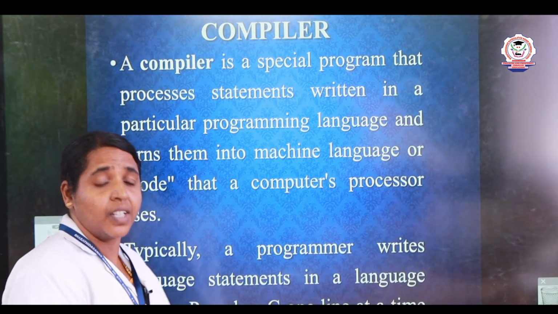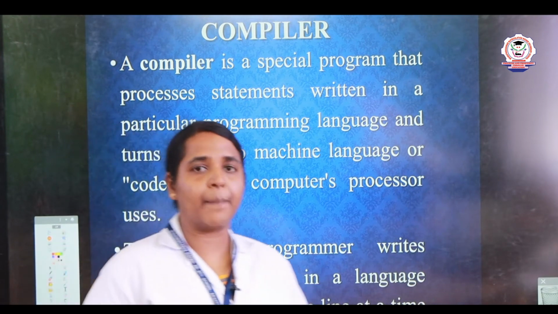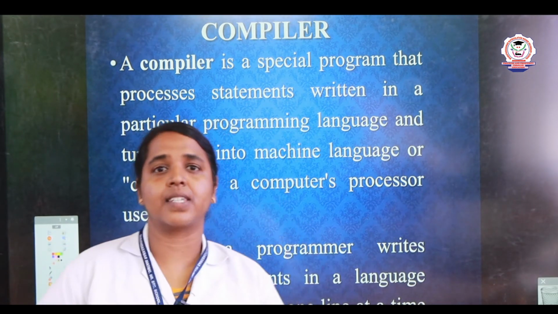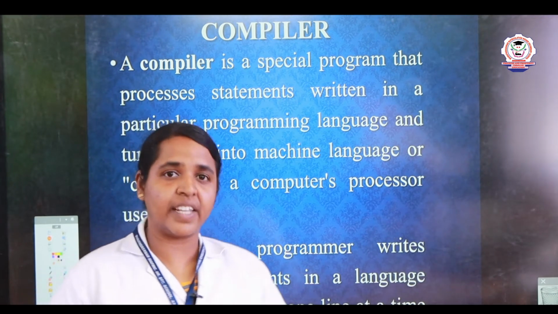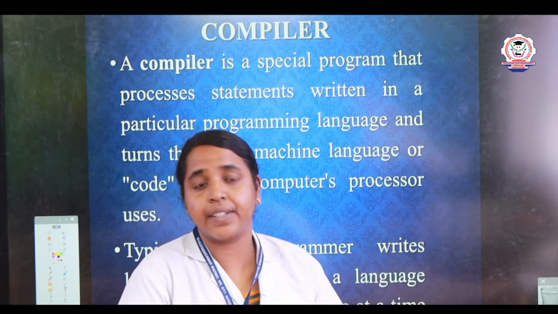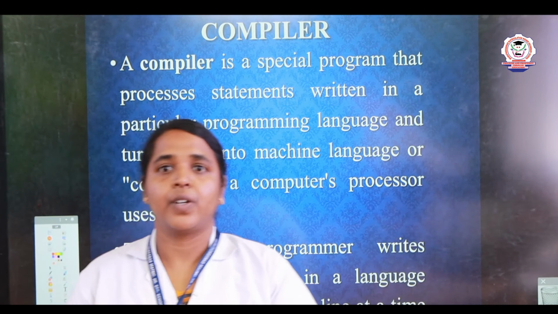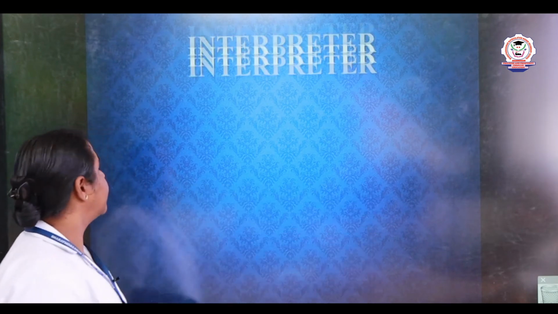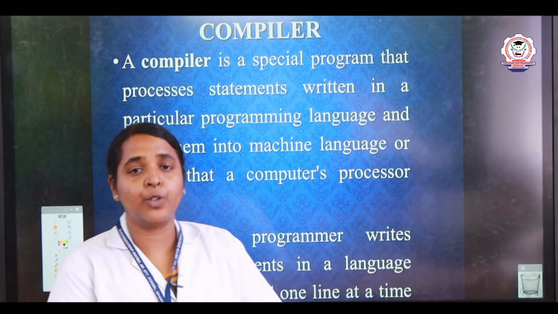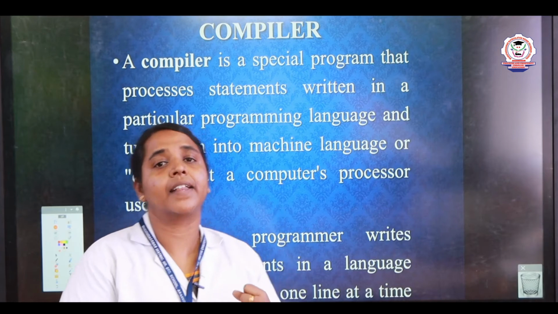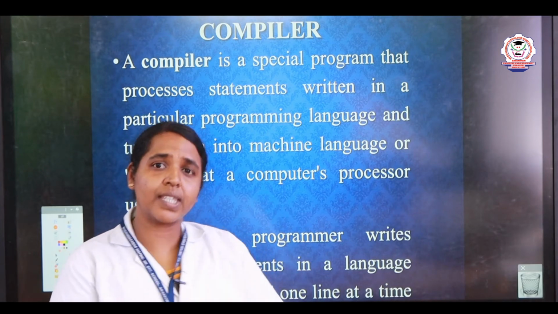Next, we are moving to the compiler. What is a compiler? Already we discussed that high level languages need one translator or processor. The translator is classified into two types: one is the compiler, another one is the interpreter. So what is a compiler?